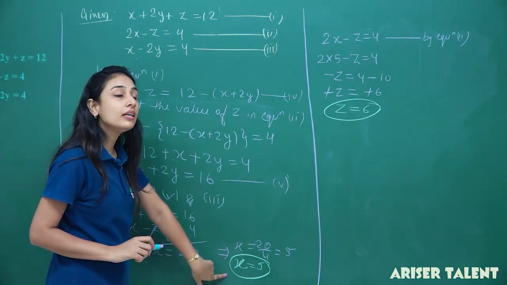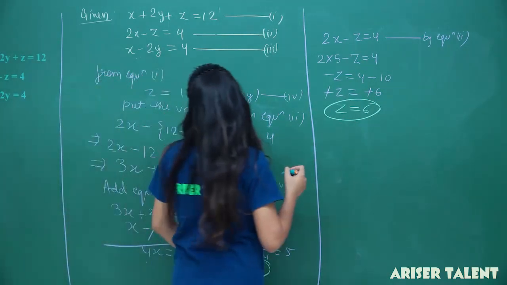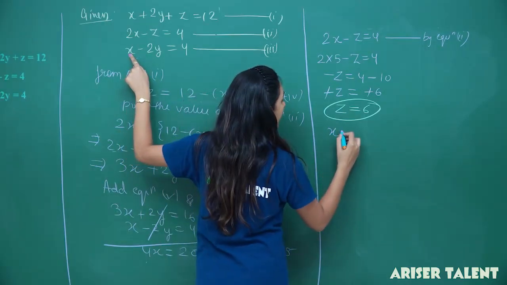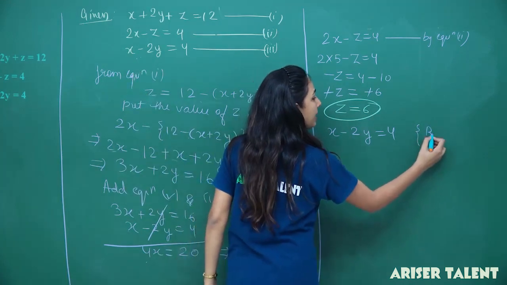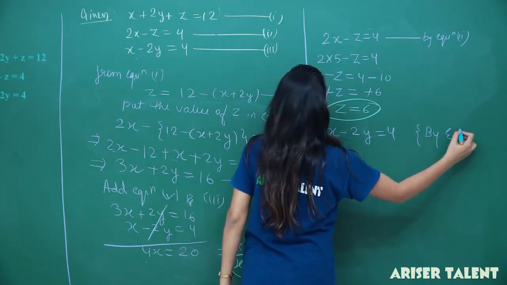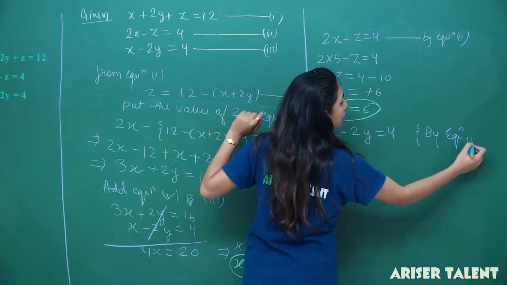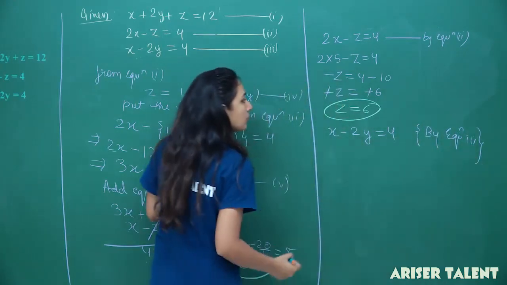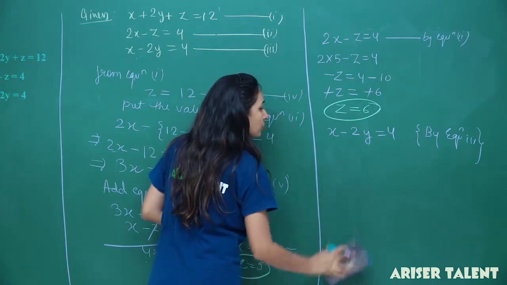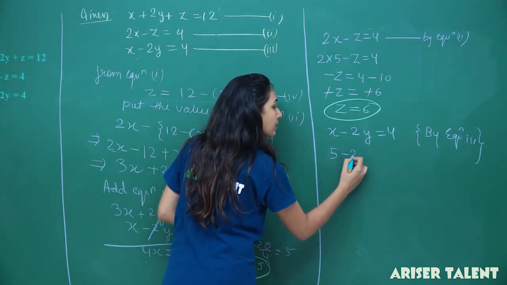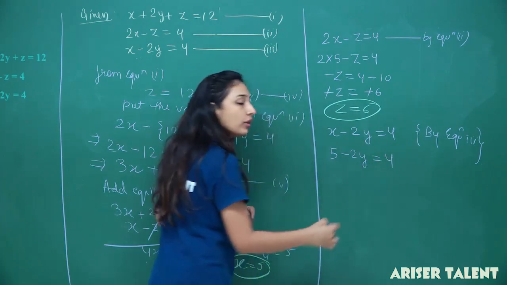What is remaining here? Here remaining is y. So, let us take this x minus 2y equals 4, by the third equation. So, x is 5. So, 5 minus 2 of y equals 4.